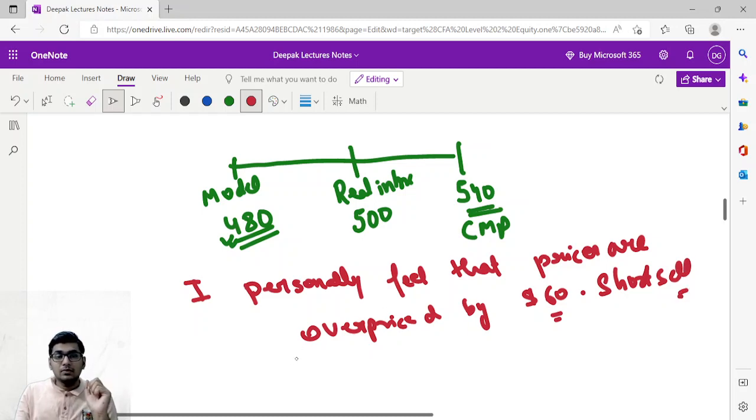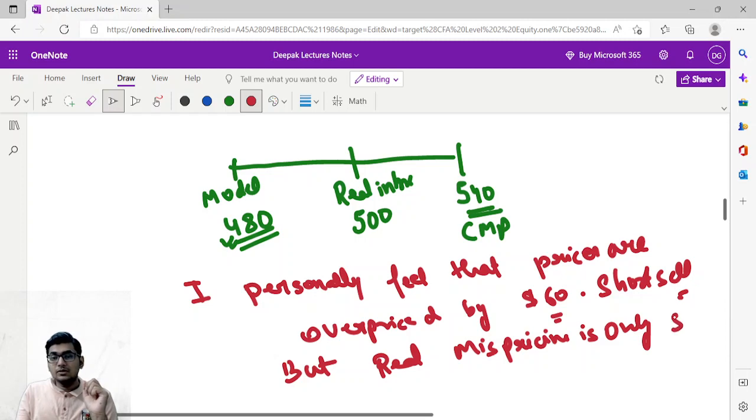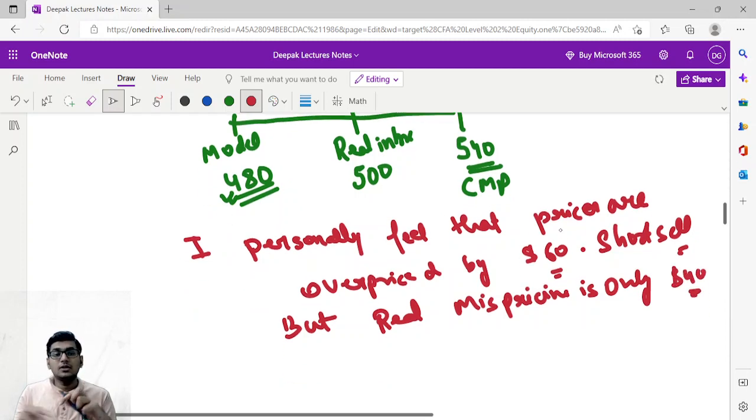But write down, but real mispricing is only $40. Real mispricing is how much? Only $40. Clear? So what I want, being an analyst, I know that there is model mismatch.